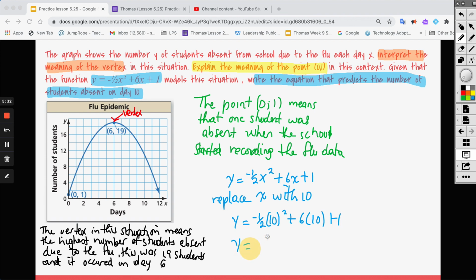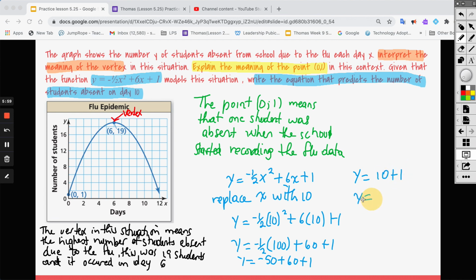So y is equal to -1/2 times 10 squared, which is 100, plus 6 times 10, that's 60, plus 1. Negative 1/2 of 100, sorry, that's negative 50, plus 60 plus 1. Negative 50 plus 60 is equal to a positive 10, plus 1.